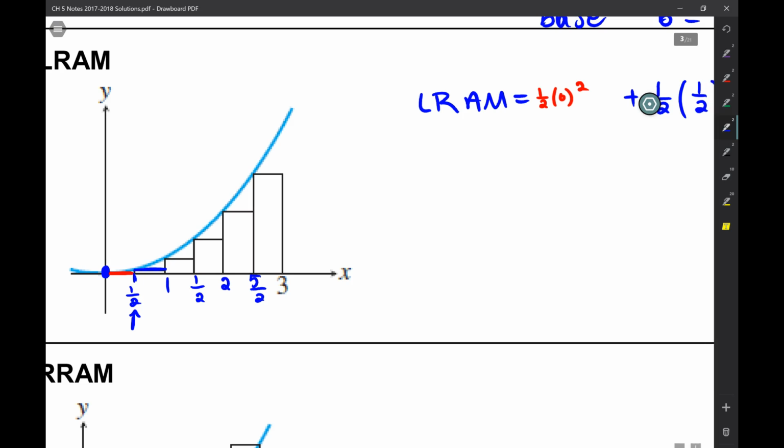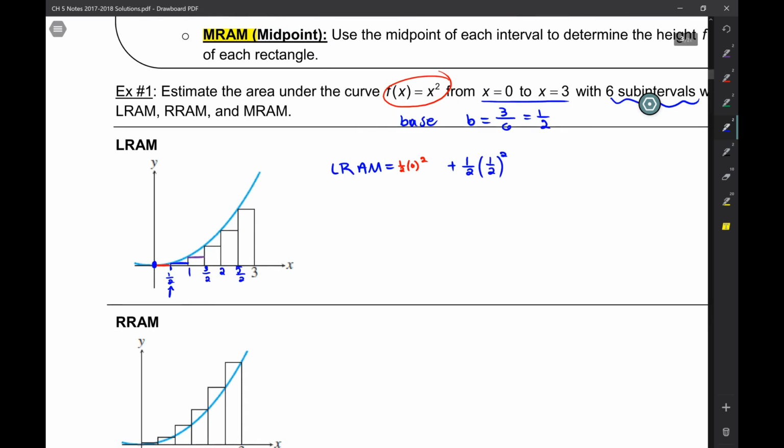Now let's do the next one. Oh, 3 over 2, yes. I said 1.5. Okay, so the purple one, how much is the base? 1/2.